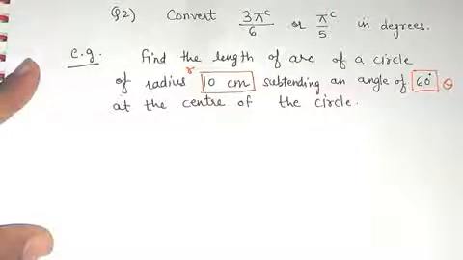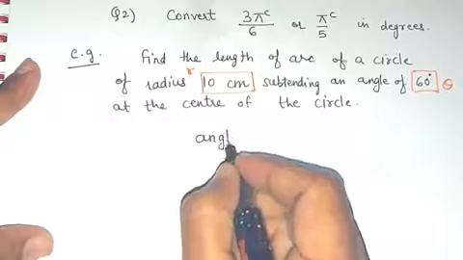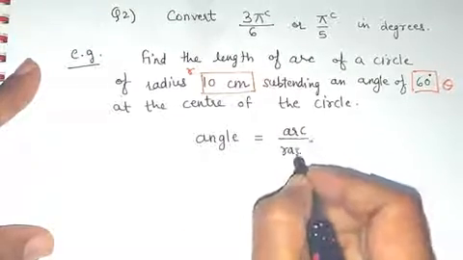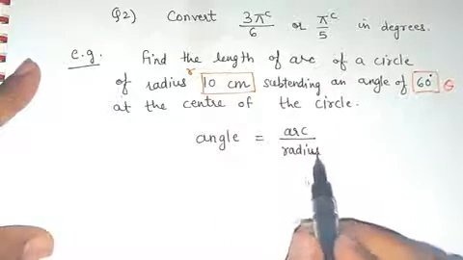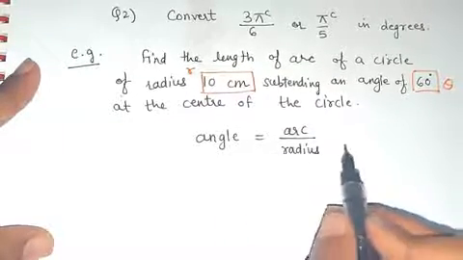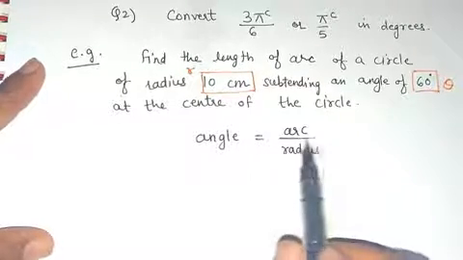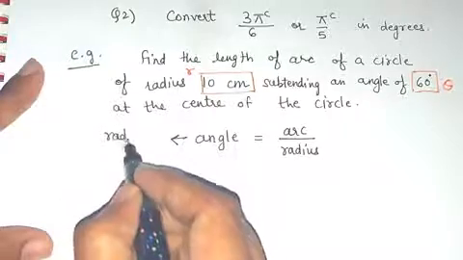Now by the basic formula, we know that angle equals arc divided by radius, but this formula is applicable only and only when, listen to my instruction again, this formula is applicable only and only when the angle is measured in radian.